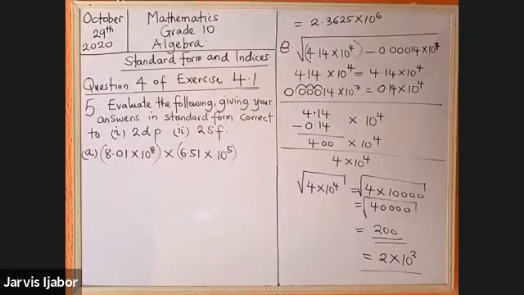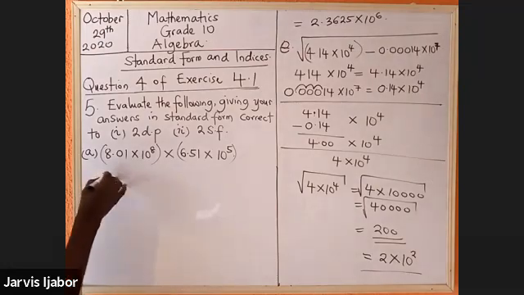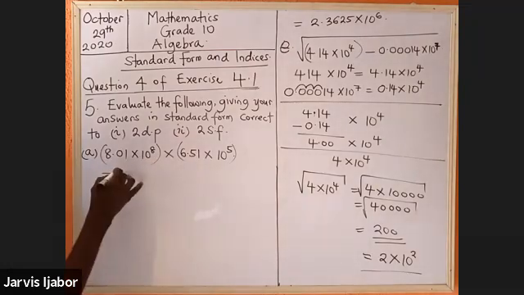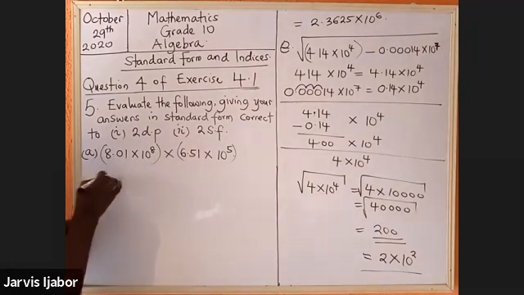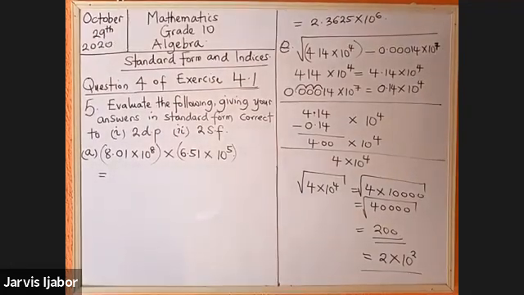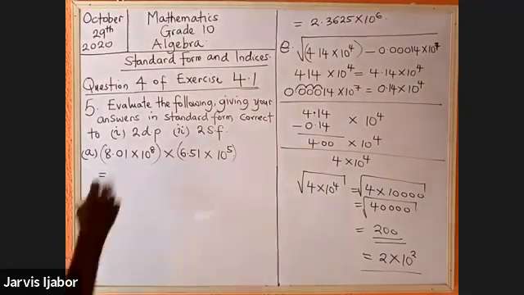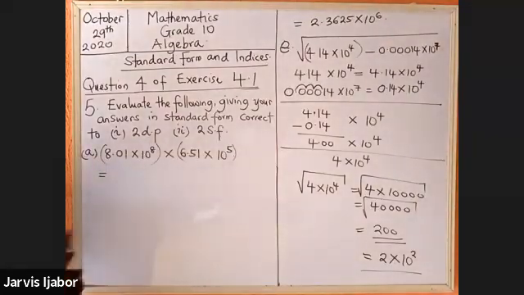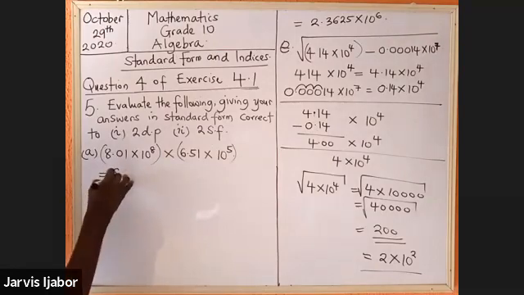So the first thing you want to do here is to rewrite this. I always advise my students, take off the decimal points, take off the brackets. Once you're multiplying, the brackets are not affected.